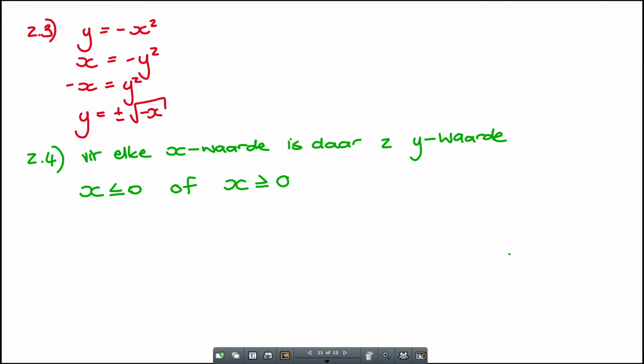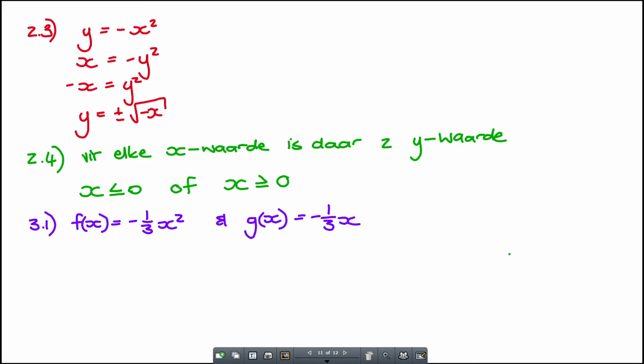Okay, kom ons kyk gou na 3. By 3.1 gee hulle vir my die volgende. f(x) is gelyk aan minus 'n derde x kwadraat and g(x) is minus a third x.